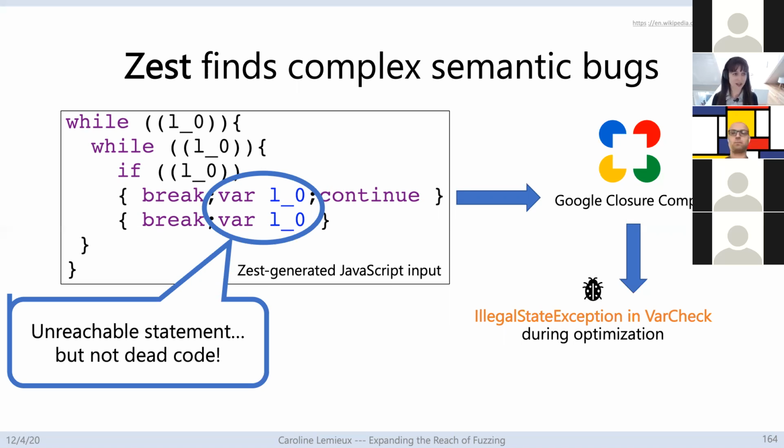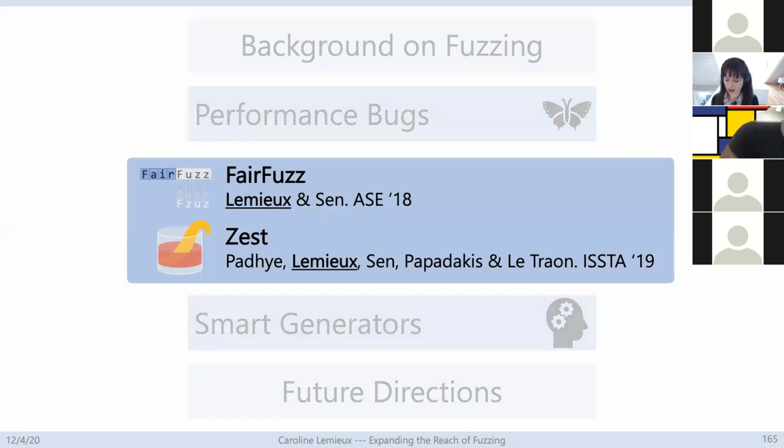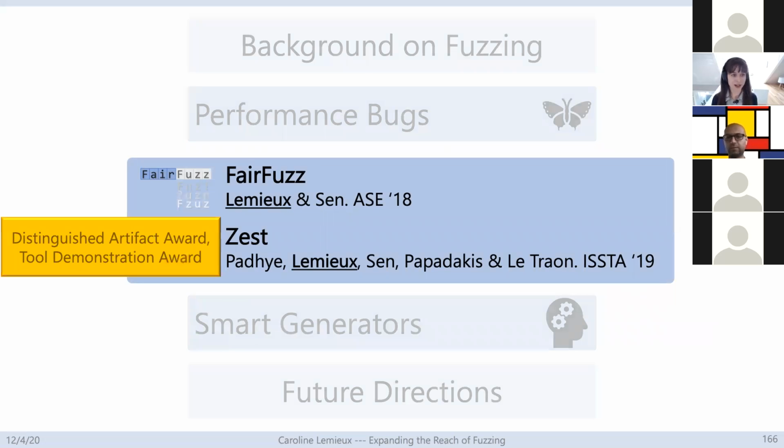And coverage-guided fuzzing that was just mutating things was not able to generate such semantically valid inputs. So in both of these cases, by improving the mutations of this coverage-guided loop, we could explore the space of the core logic of the program. And Zest actually won a Distinguished Artifact and Tool Demonstration Award for this work.